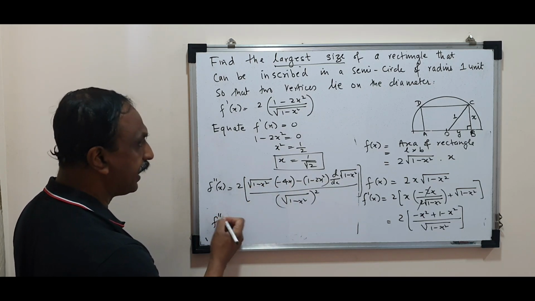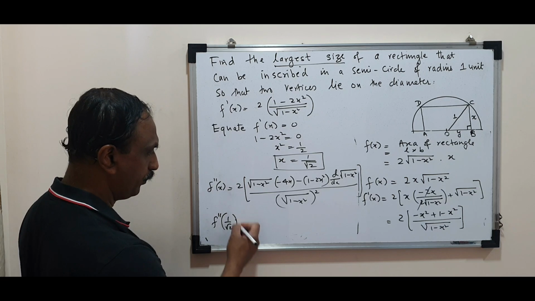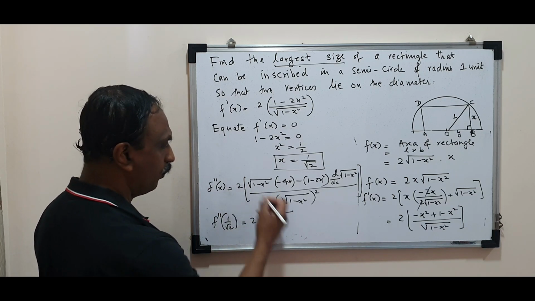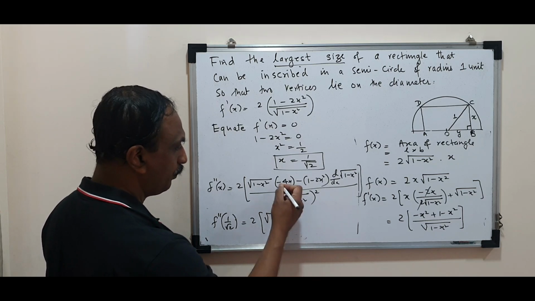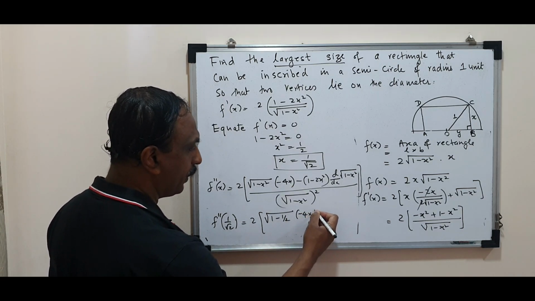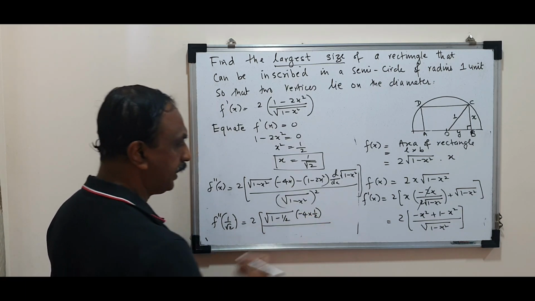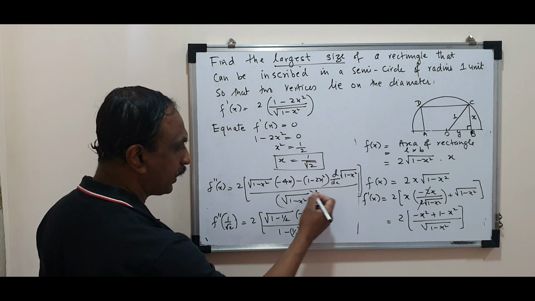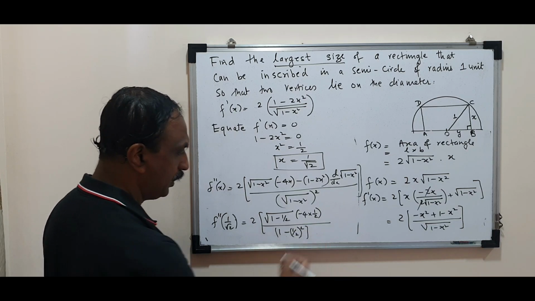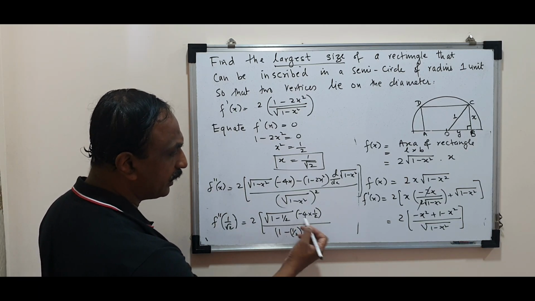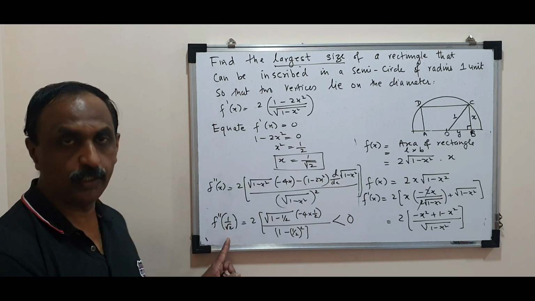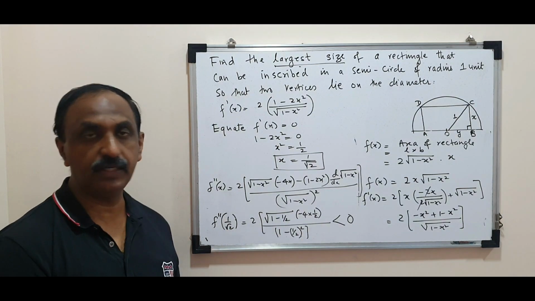So f double dash of 1 by root 2 will be 2 into root of 1 minus 1 by 2 into minus 4 into 1 by 2 divided by 1 minus 1 by 2 the square. Square root and square went away. Now you can see here, this is a negative number, so this is less than 0. I need to only know whether the second derivative is negative or not.